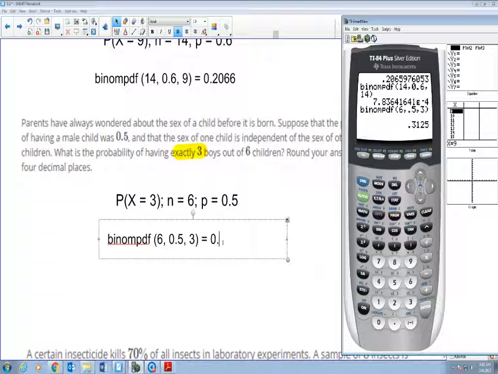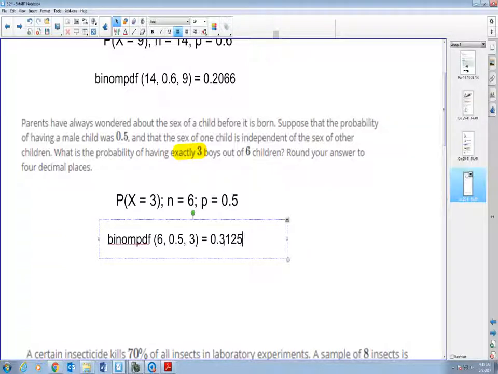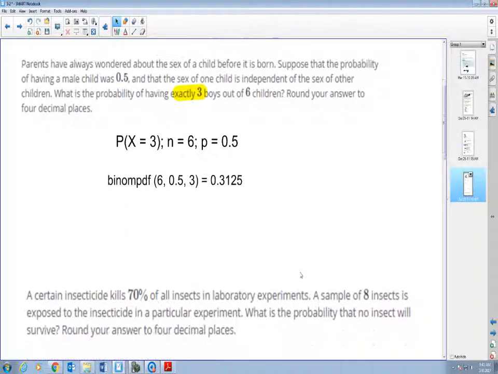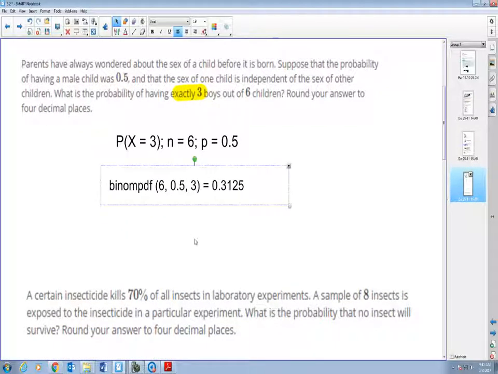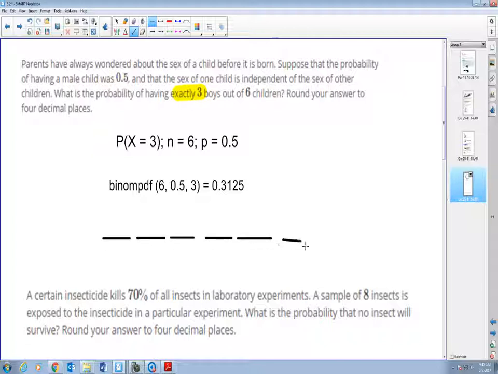It's not half. Very strange, it's actually not half. When you say half, that's referring to the outcome of each child.